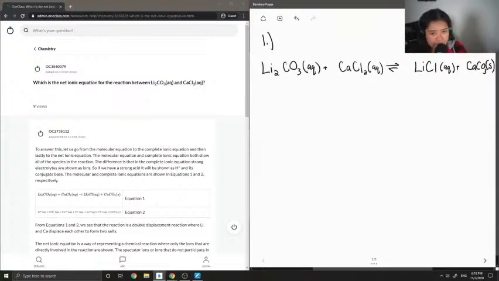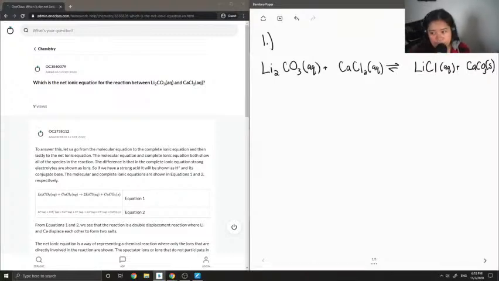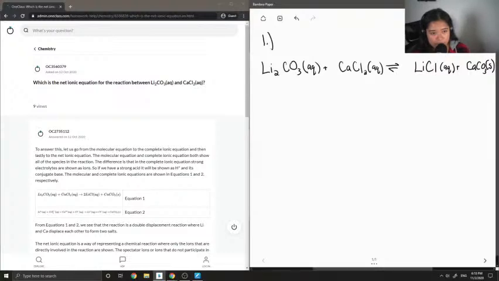After we find out which of the compounds is insoluble, we want to make sure that this reaction is balanced. First, let's look at the lithium. You'll notice that on the left side, there are 2 lithiums, so I'm going to put a coefficient of 2 in front of my lithium chloride.